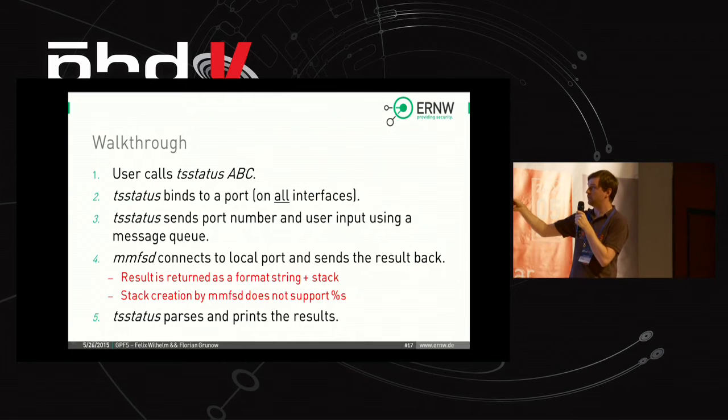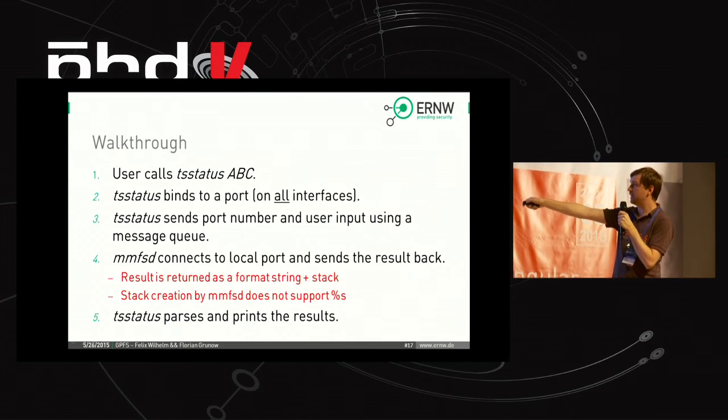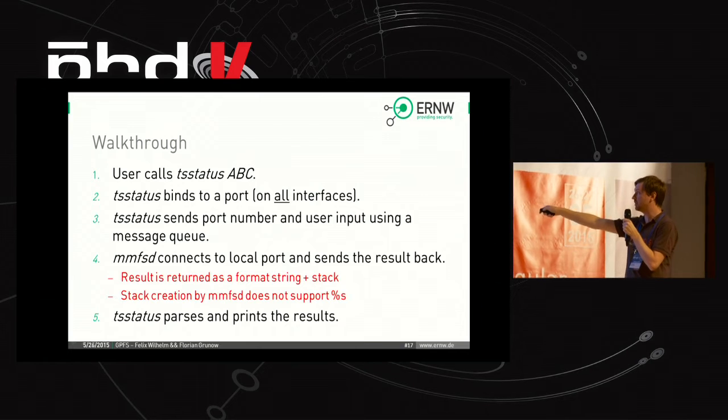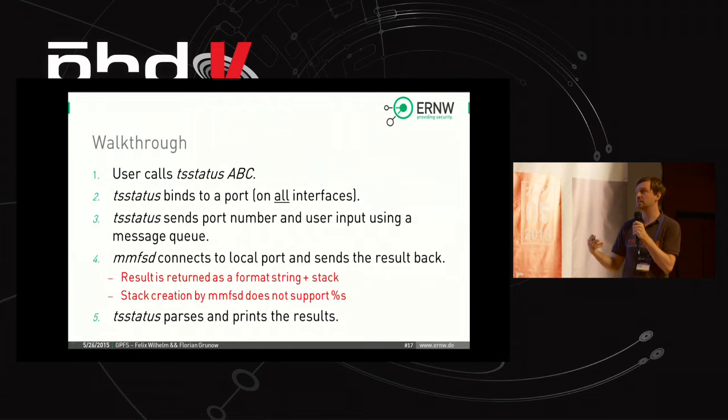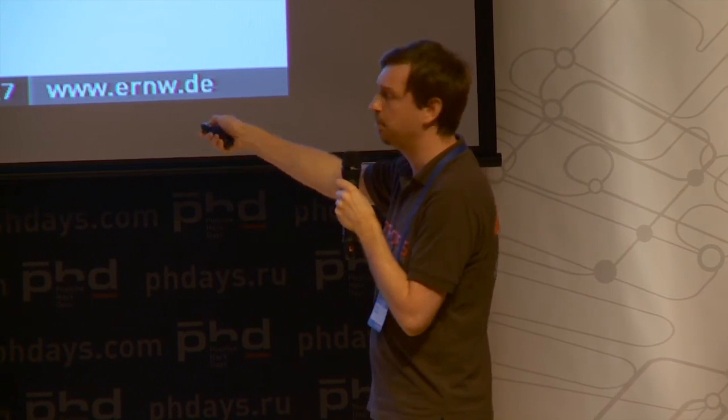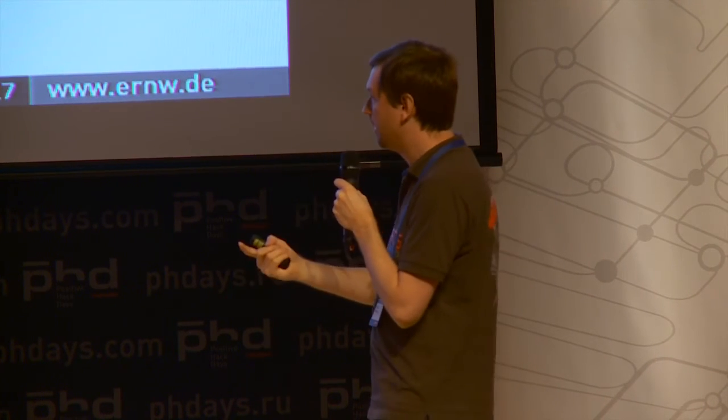So, going back to the walkthrough, if the file system daemon connects to the local port, it does not send simply the result, but it sends it formatted as a format string plus the corresponding stack.